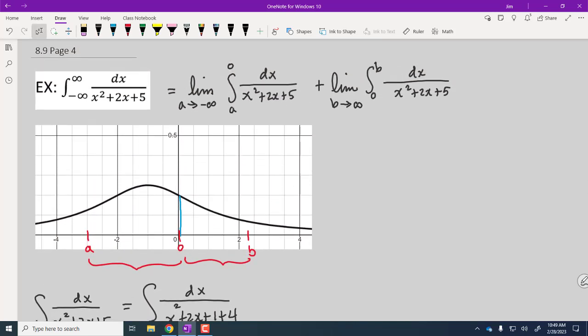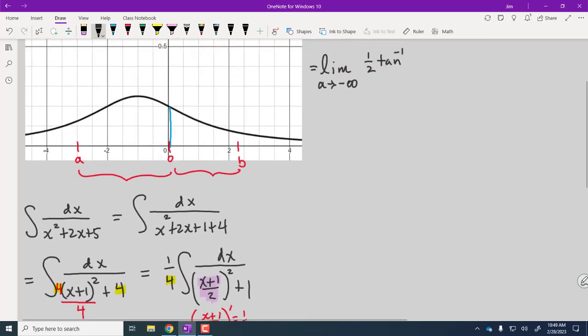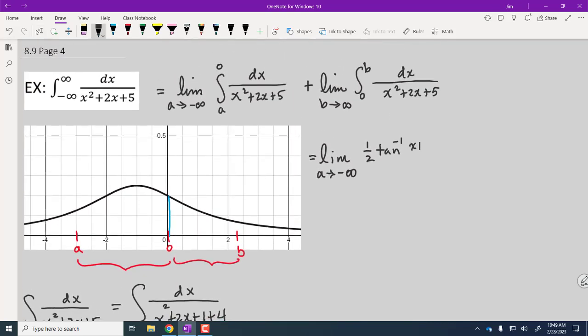So what we have here then is the limit as a goes to negative infinity. And we just integrated and got 1/2 arctan of x plus 1 over 2. And that's going to go from a to 0. And then plus the limit as b goes to infinity.